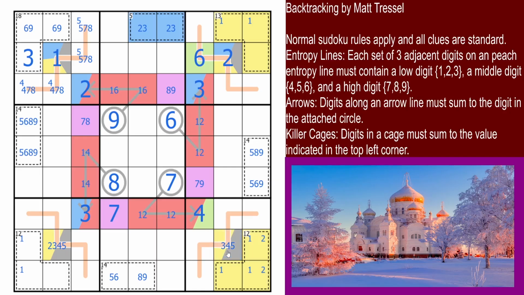I forgot why that is not 1. That could be 1, right? 2 is not possible. Oh God, what mistake did I do here? I don't remember why I removed 1 from here. What's the problem? This is 1.